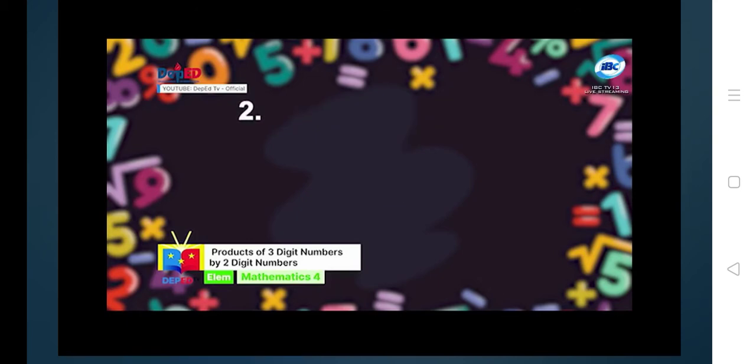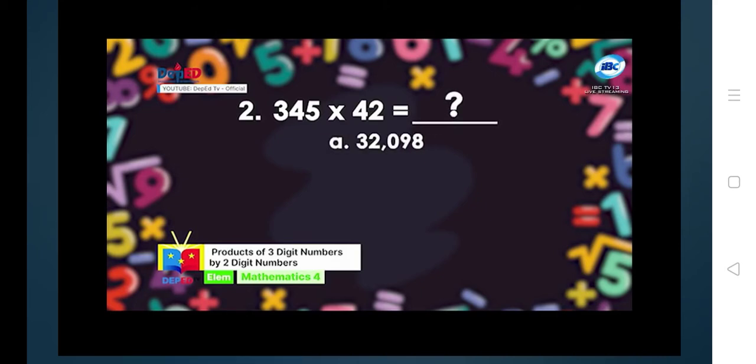Number 2. 345 times 42 is equal to A. 32,098, B. 14,490, C. 1,456.